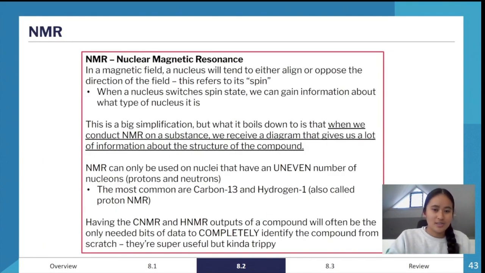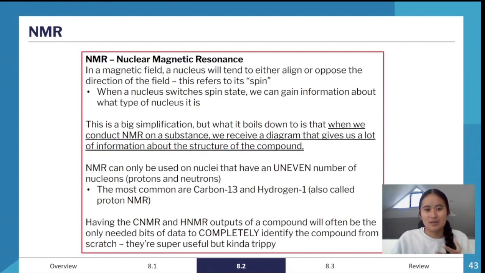So I started talking about NMR, which is nuclear magnetic resonance, and this is a little bit tricky theory-wise, but basically all you need to know is that it has something to do with how the nucleus spins. If it's spinning one way and then it switches to spin another way, we can gain information on what type of nucleus it is.